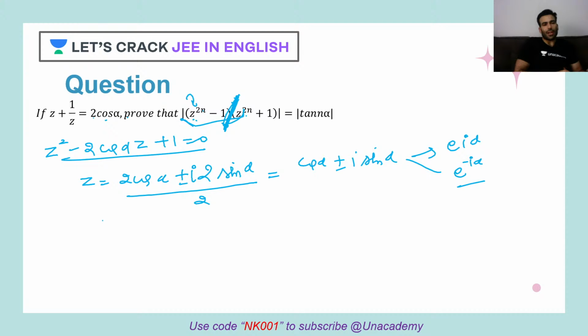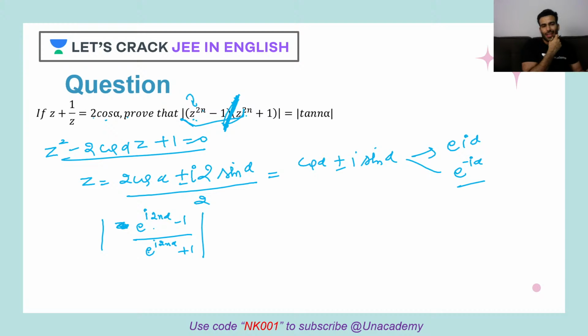So when you try to calculate the magnitude of the complex number inside, z raised to n, I can write it directly here: e raised to iota 2n alpha minus 1 upon e raised to iota 2n alpha plus 1. So one way is obviously I can write cos 2n alpha plus iota sine 2n alpha minus 1, then I can solve that.